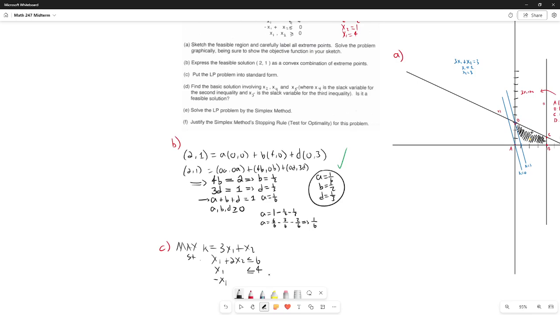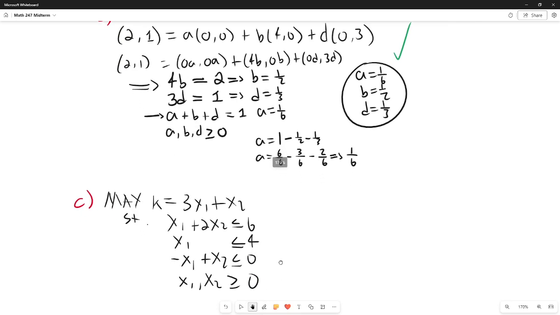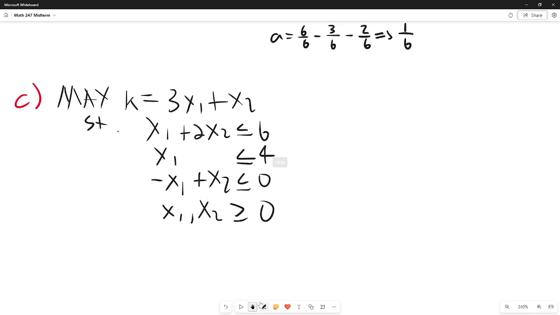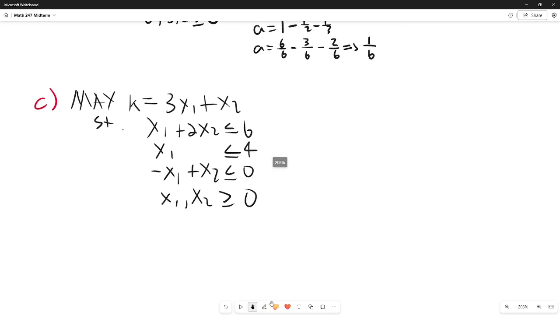Negative x1 plus x2 is less than or equal to 0. And x1, x2 is greater than or equal to 0. Okay. So let me zoom back in now. Probably have some better handwriting now that I'm zoomed in. There we go.